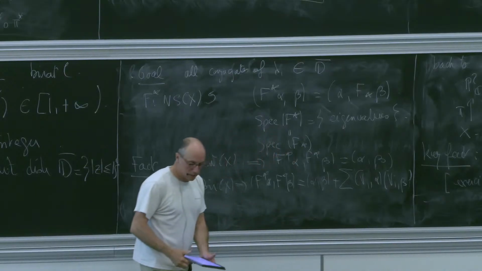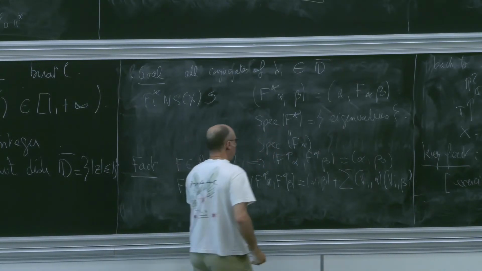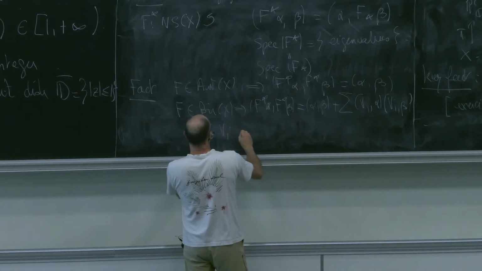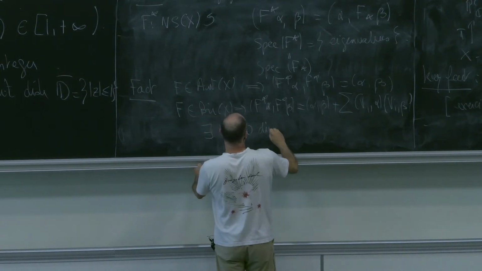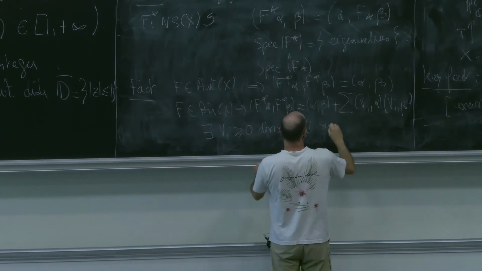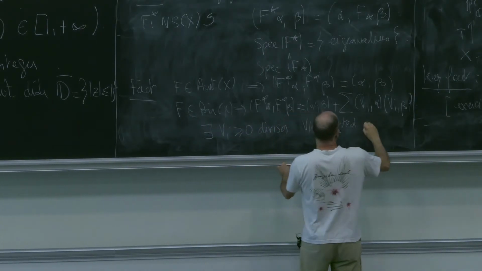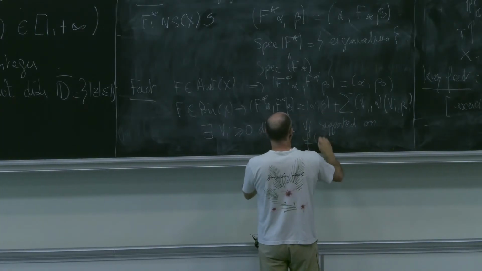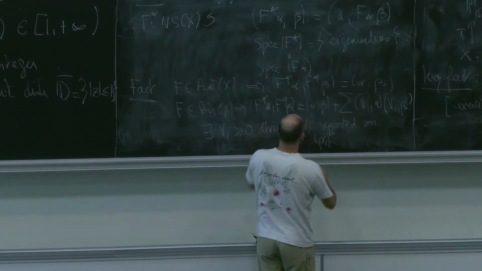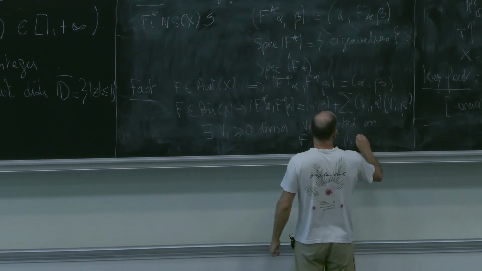The claim is that there exist some effective divisors, V_i. These effective divisors are supported on the image by F, capital F, of points of indeterminacy.